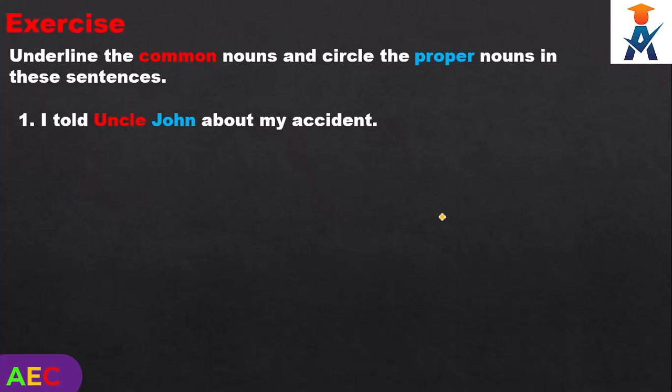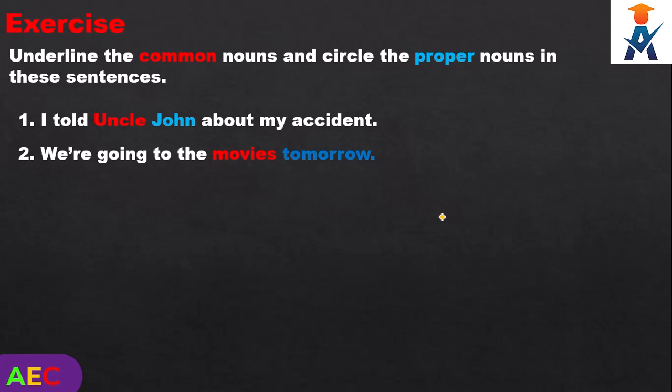The second question: we are going to the movies tomorrow. From this sentence, the word shaded with red color, movies, is a common noun, and the one shaded with blue color, tomorrow, is a proper noun.